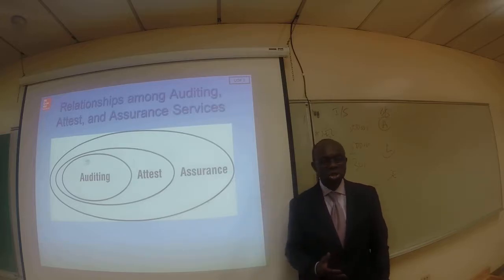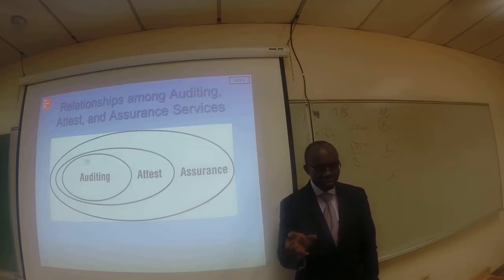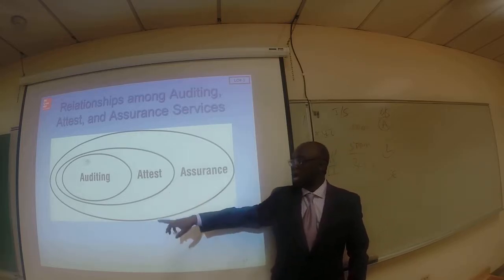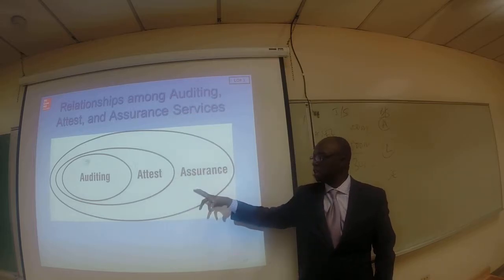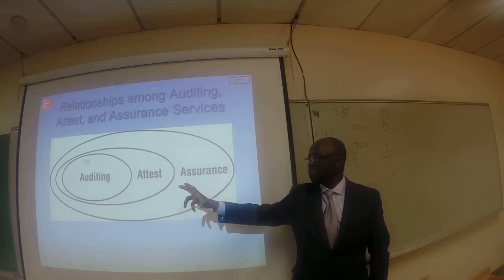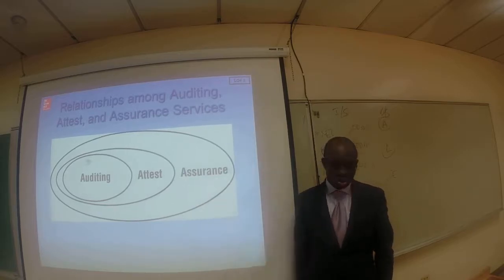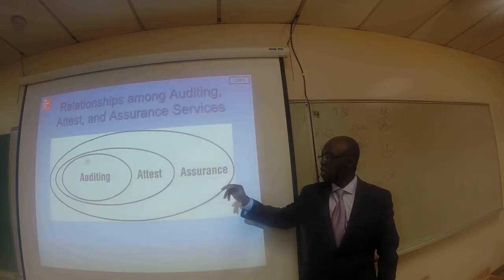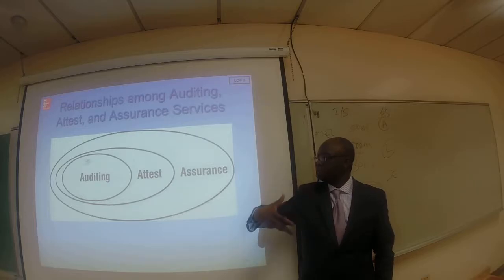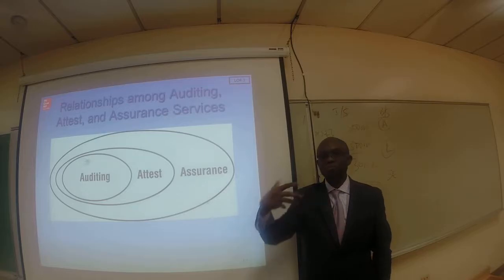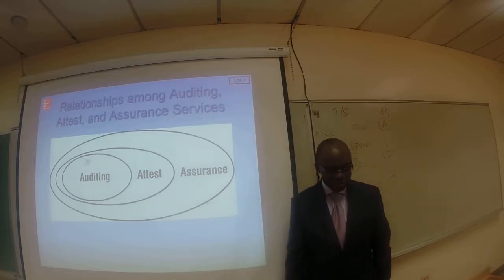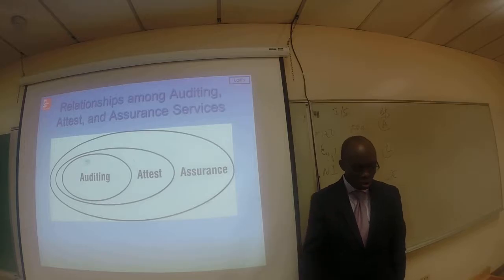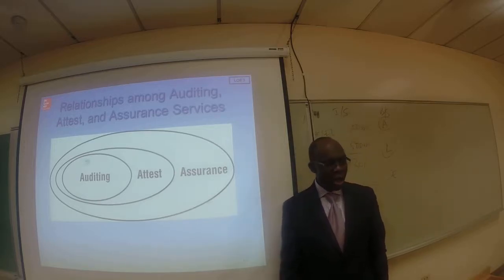Now, let's take a look at the relationship among auditing, attest, and assurance services. Very briefly, auditing and attest, as you can see in this diagram, are examples of assurance service. Like we said, an assurance service is a service that a CPA will perform that gives credibility to some information for the benefit of decision makers.